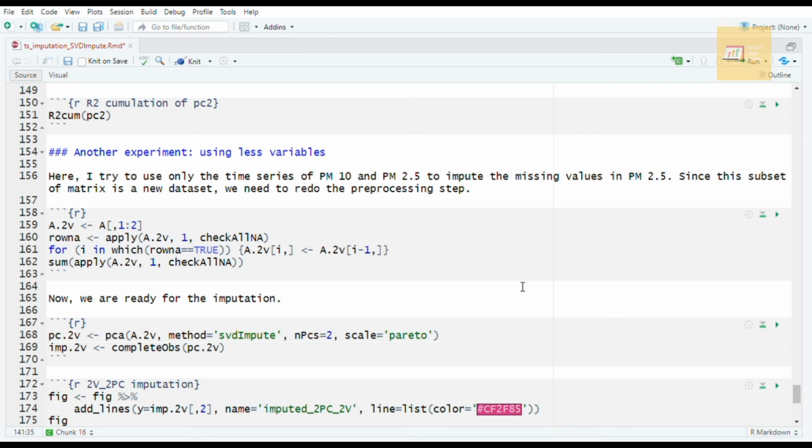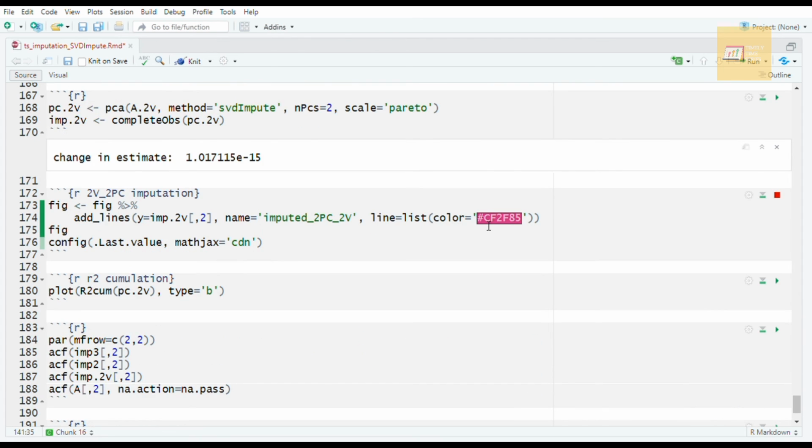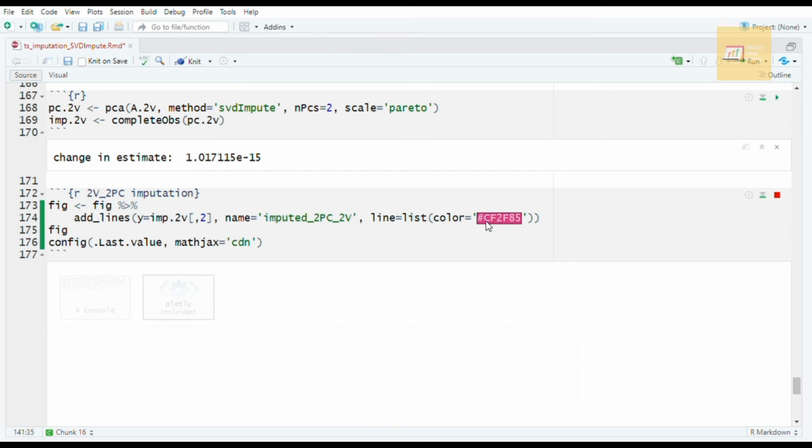And the other time series that has the highest correlation with PM 2.5 is PM 10, naturally. So I tried to impute the missing values in PM 2.5 only with these 2 variables. The imputation using that method is denoted with the pink line.